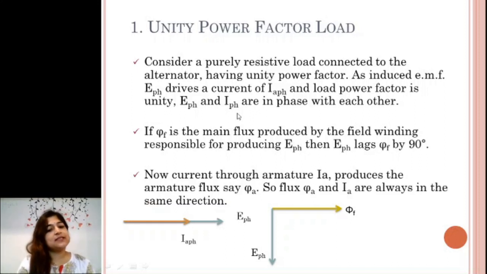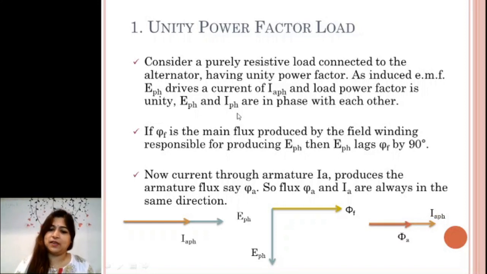Then the next concept is the current through the armature. Armature current IA is producing its own flux, which is phi A. So if current is producing its flux, it has to be in phase. So armature current and armature flux will be in phase.